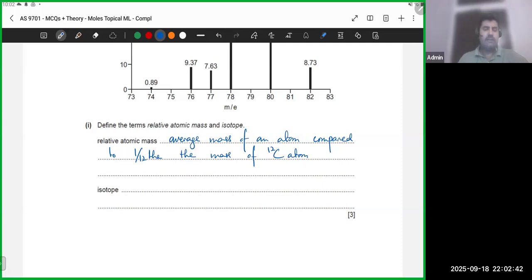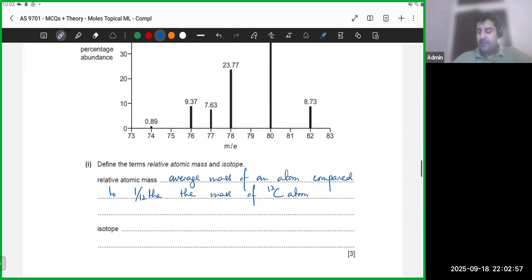What is an isotope? It's atoms of the same element having the same proton number but different nucleon numbers. Here, if by mistake you write isotopic mass or relative atomic mass, it will be wrong. Same proton number but different nucleon numbers.